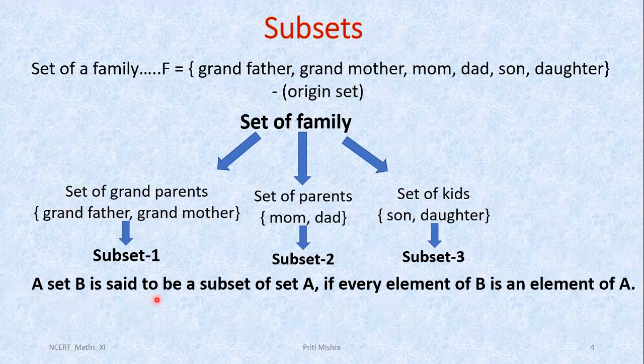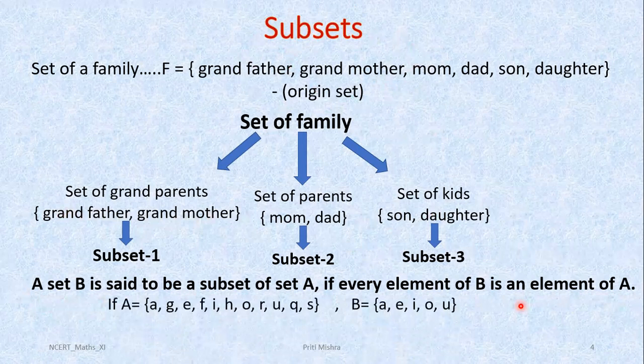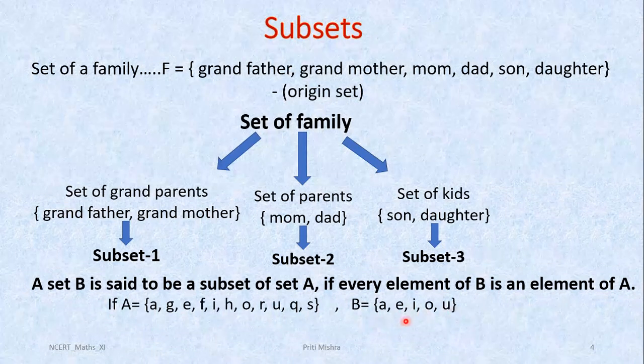A set B is said to be a subset of set A if every element of B is an element of A. In other words, suppose I have a set A having elements a, b, c, d, e, f, up to s, and B a set having elements a, e, i, o, u, meaning all the vowels.